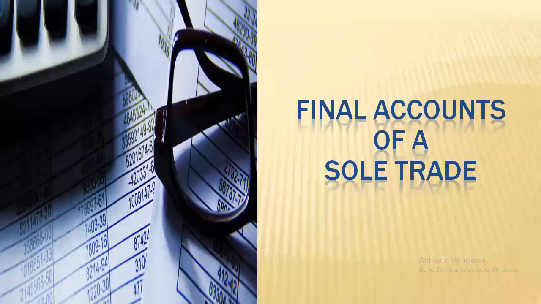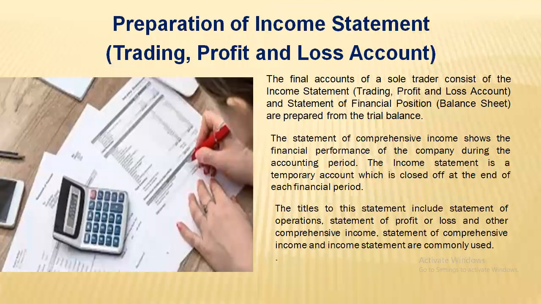So final account of a sole trader. Now, when we talk about final account of a sole trader, we are talking about the trading profit and loss account. So under the income statement, you'll be required to prepare what is called the trading profit and loss account. We normally call it trading profit and loss account before, but the advent of IFRS has changed it into a statement of comprehensive income or statement of profit or loss.